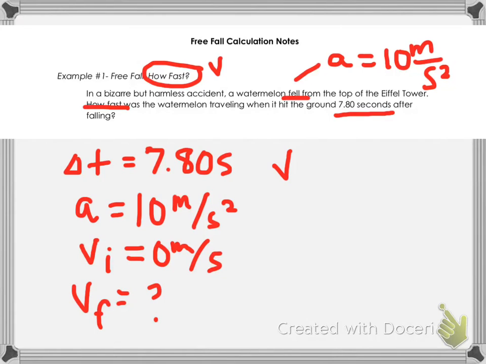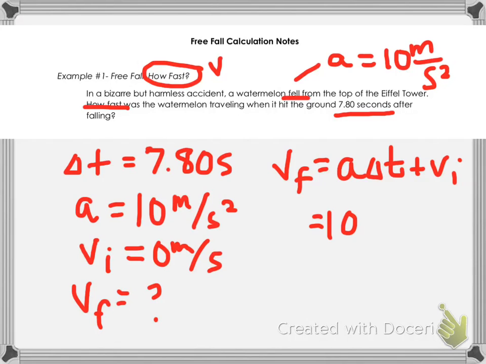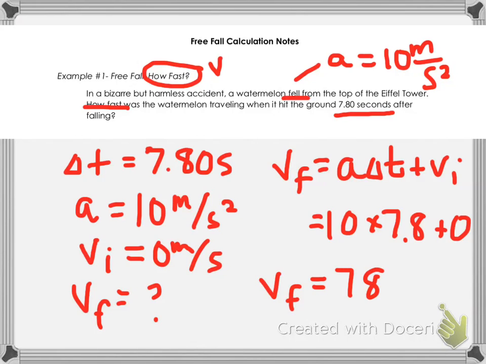So then I use the equation vf equals a times delta t plus vi. So that's going to be 10 meters per second squared times 7.8 seconds plus 0 meters per second. So that gives me a final velocity of 78 meters per second.